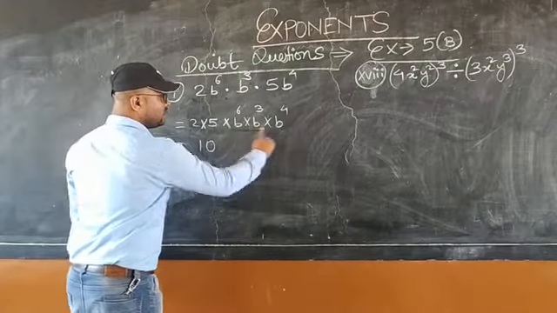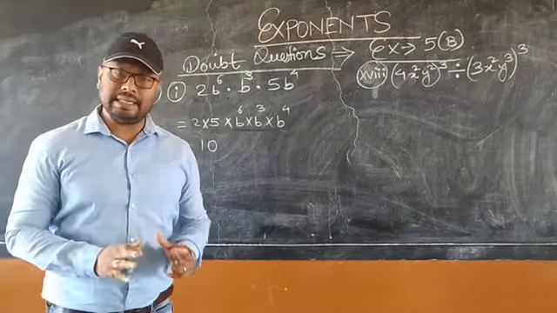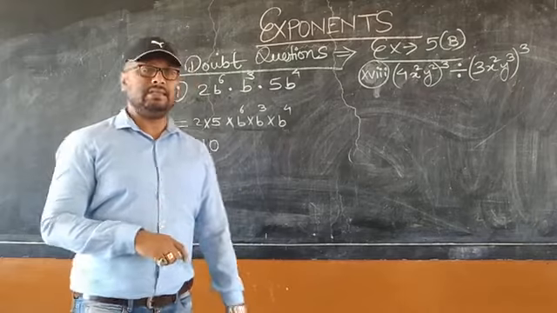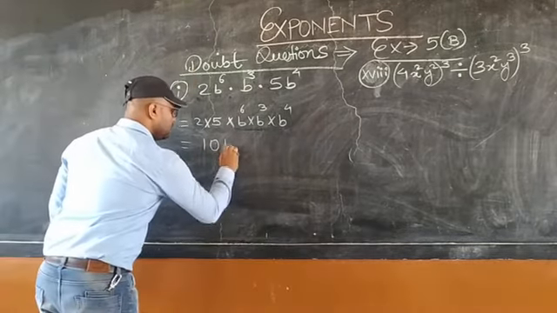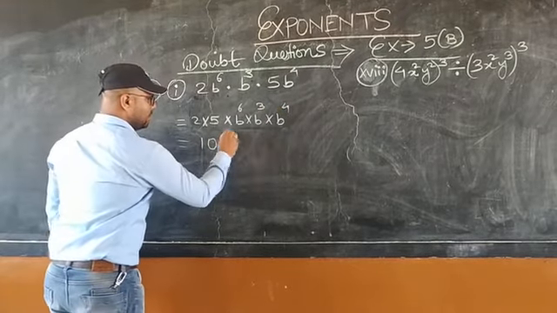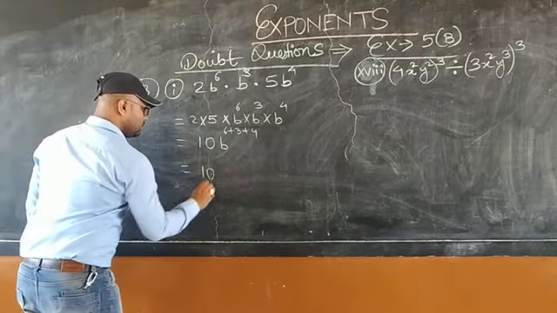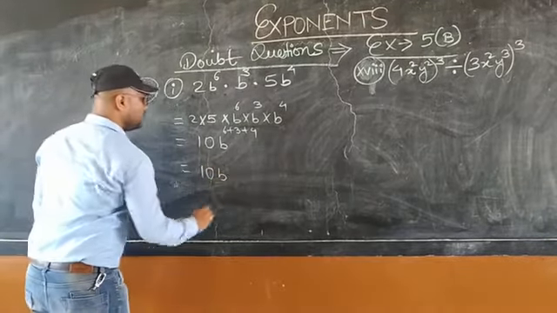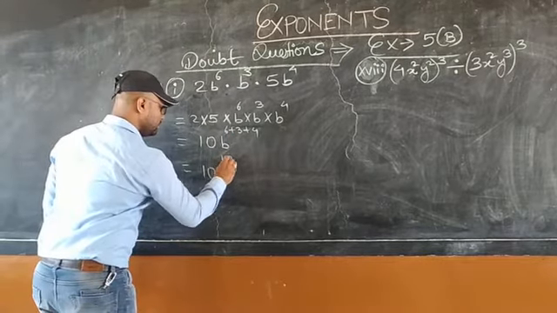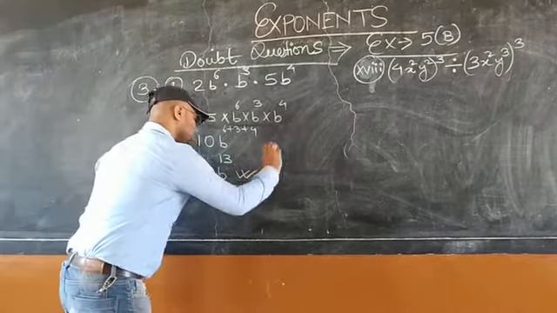And now the first law of exponents, as I told you, when the same bases are in multiplication, their powers will be added. So we will add these powers together: 6 plus 3 plus 4. What will be the answer, students? 10 b to the power 6 plus 3 is 9, 9 plus 4 is 13. So 10 b to the power 13 is the answer of this question.